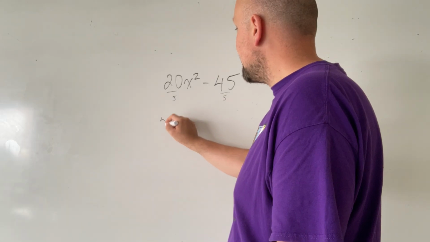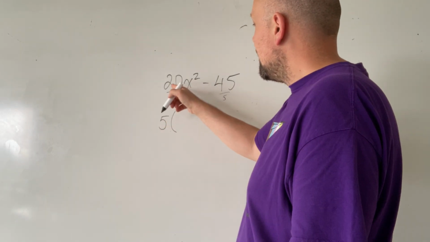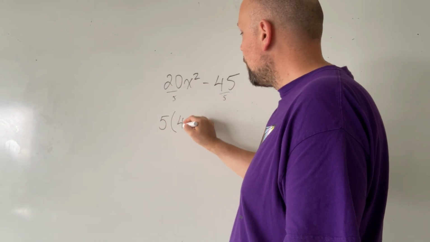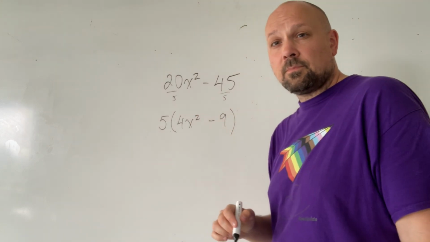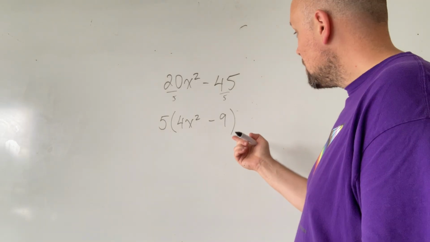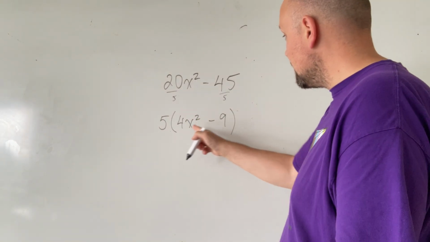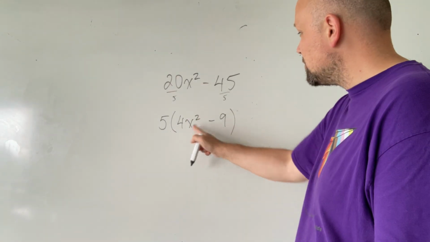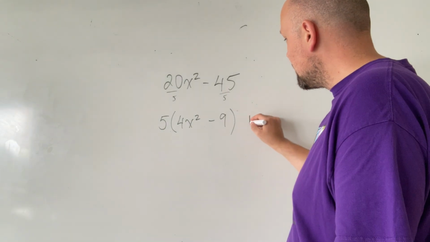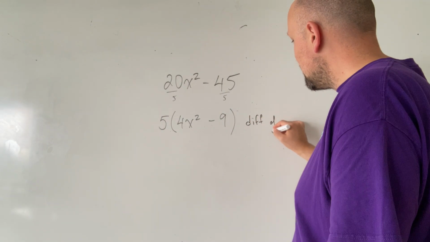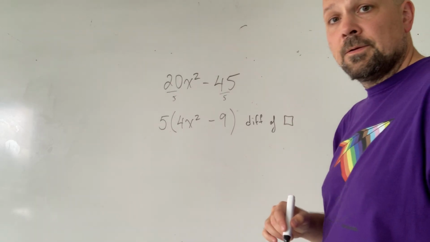So if I take out a factor of 5, that would leave me with 4x squared minus 9, right? And now I actually have squares here, right? And so remember that thing where we just have two terms and they're both squares and it's subtraction? So we call that a difference of squares, right?